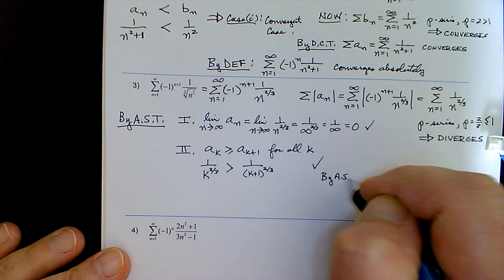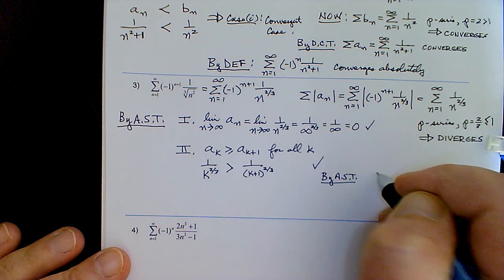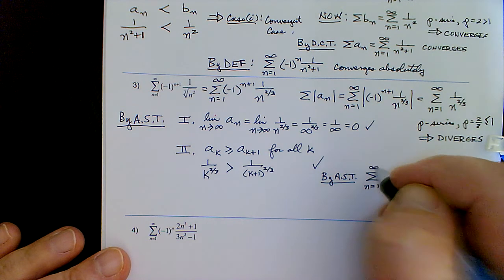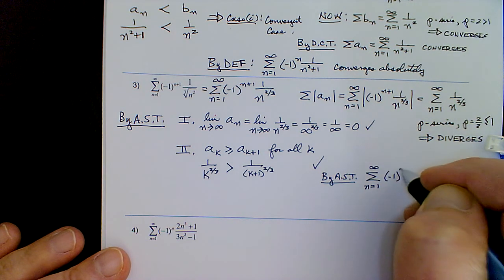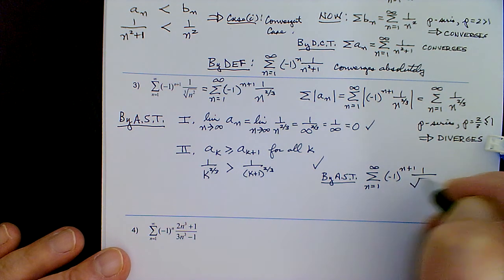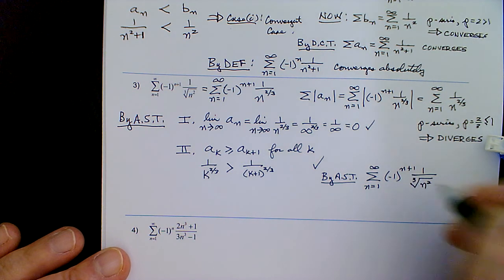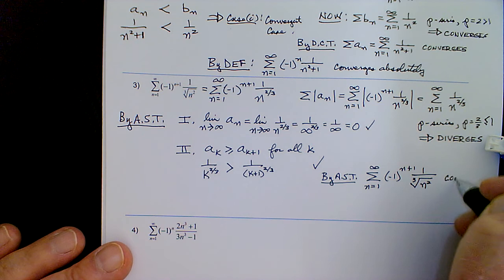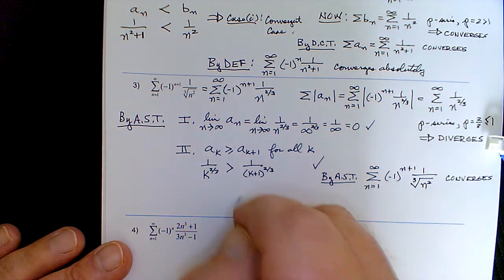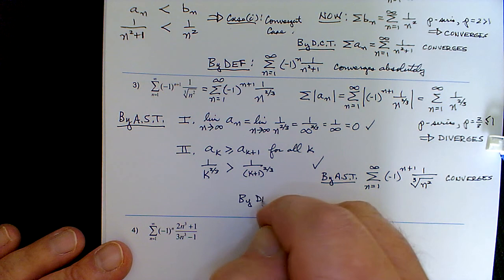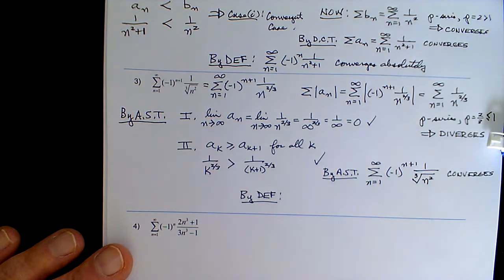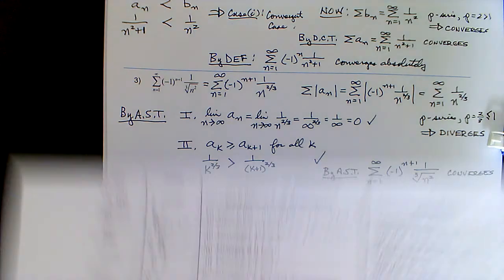So by the alternating series test, this given series converges, but then by definition, you do have to make these final statements.